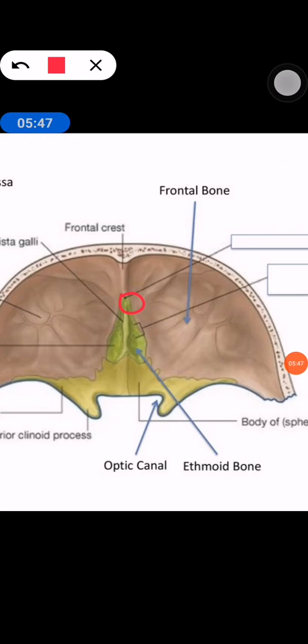Emissary vein is transmitted through the foramen cecum, and it connects nasal mucosa with the superior sagittal sinus. We know that falx cerebri has attached border and a free border, and attached border is related to the superior sagittal sinus and free border is related to the inferior sagittal sinus.